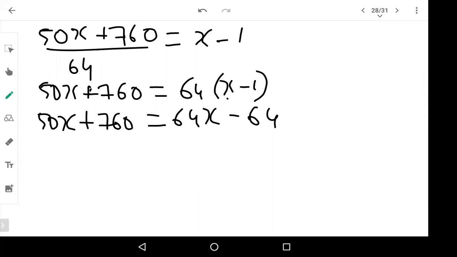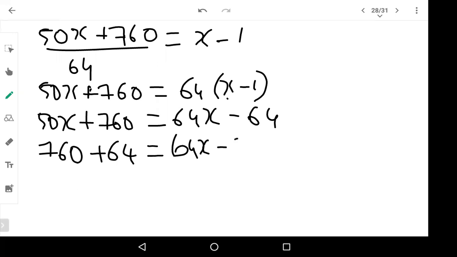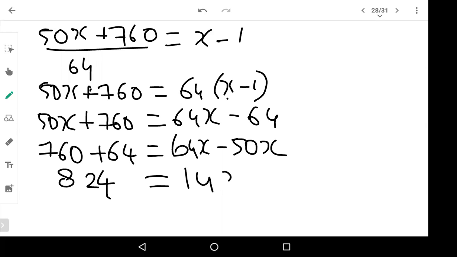I'll take 50X to the other side. 760 plus 64 is equal to 64X minus 50X. I'm just exchanging the places here. So 760 plus 64, I get 824, is equal to 64 minus 50, I get 14X.